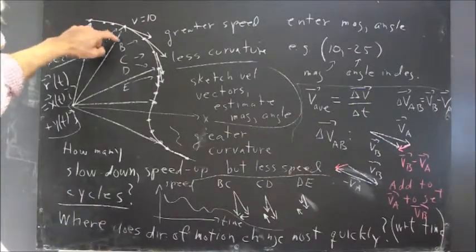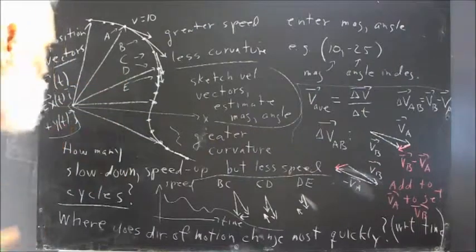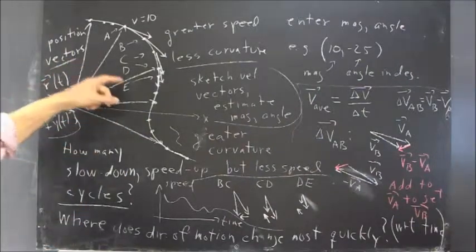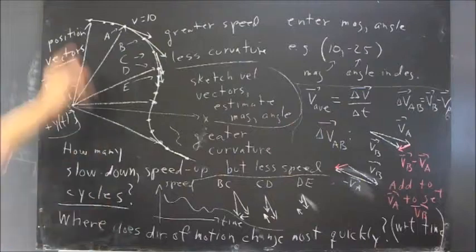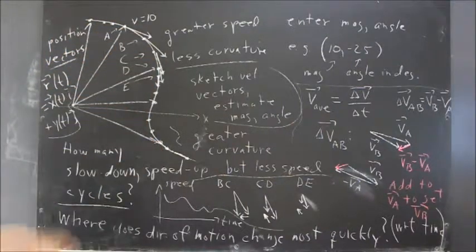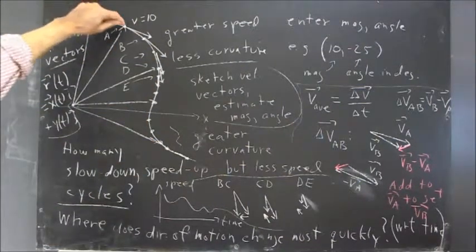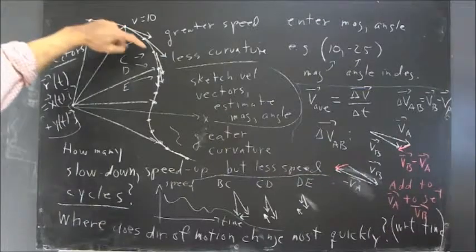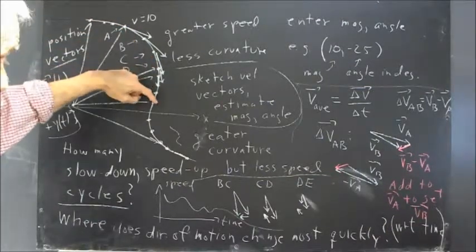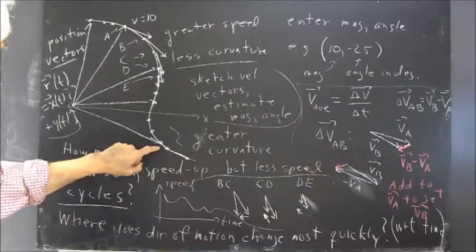I've drawn a series of r vectors, with the tacit assumption that these vectors represent the positions at equal time intervals. So the particle is here, after some time it's here, after an equal time interval it's here, after another equal time interval it's here, and after another it's here.